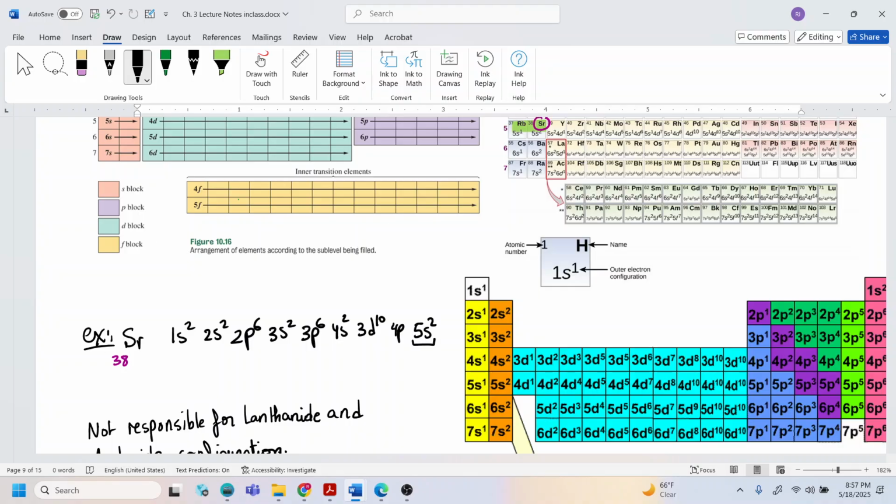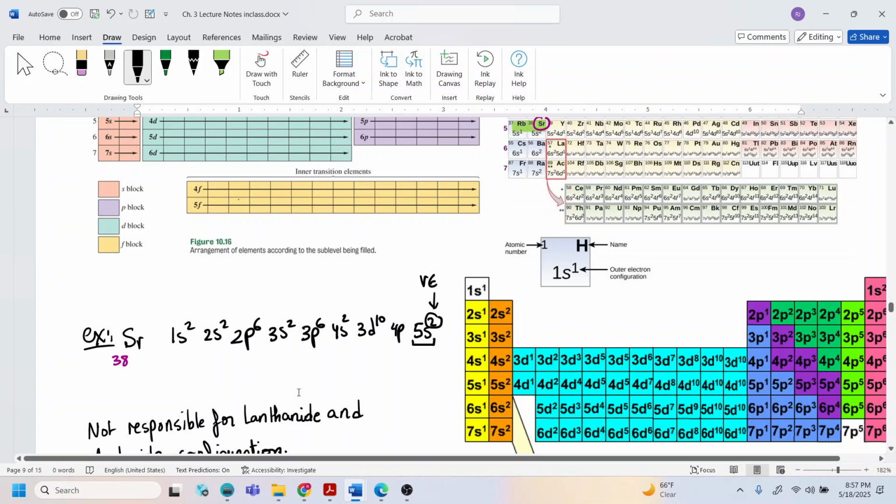So the n equal to 5 is the outermost shell, and it does have 2 electrons here. So these are the valence electrons of strontium, and it is group number 2.